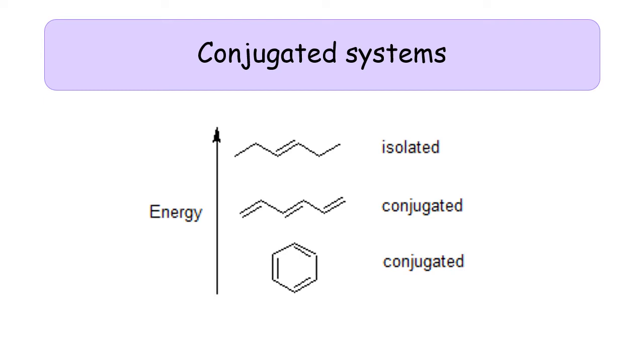Then as we go to, instead of being a ring with this alternating single double bond, a chain with alternating single double bonds, we're slightly higher in energy, but it's still conjugated, and there's still a possibility of the compound appearing coloured. And then at the top is where we've got an isolated double bond, where the electrons are not delocalized in any way, it's not conjugated, and it's very likely to appear white because it will be absorbing UV light.